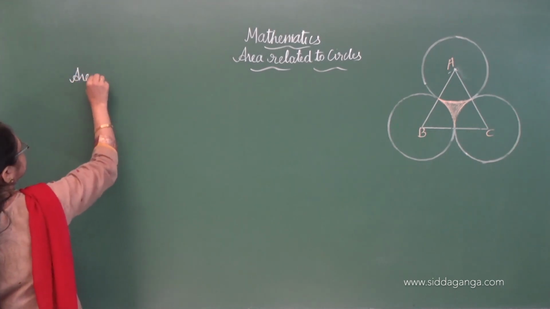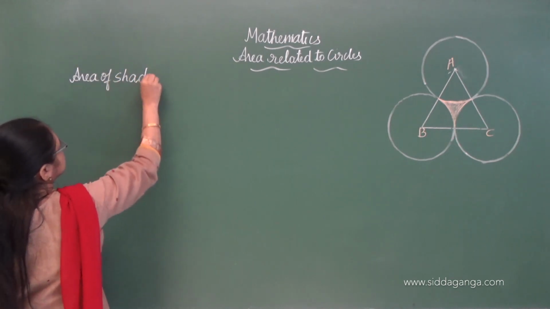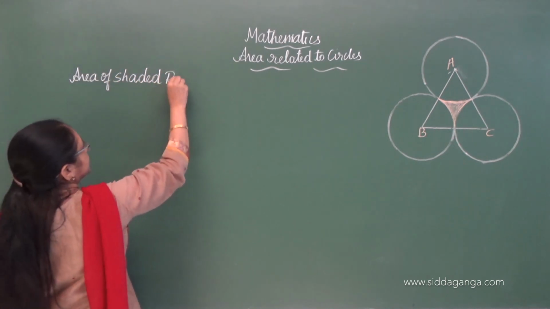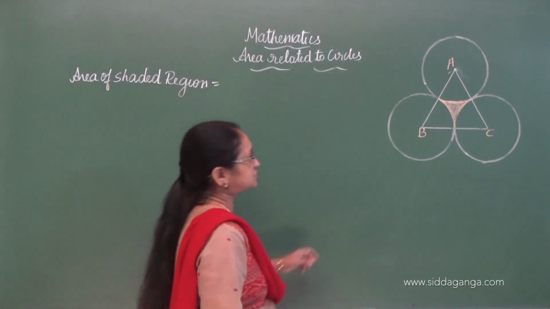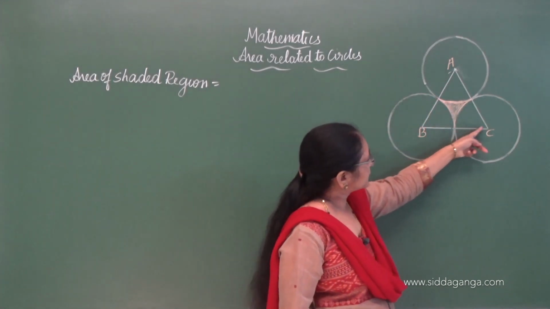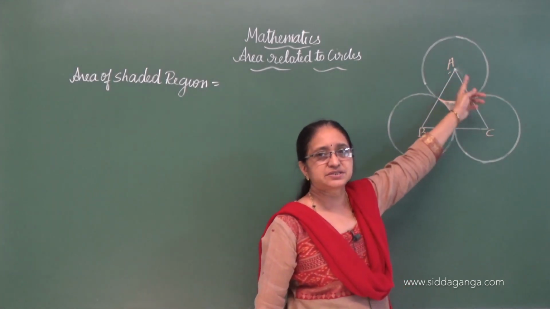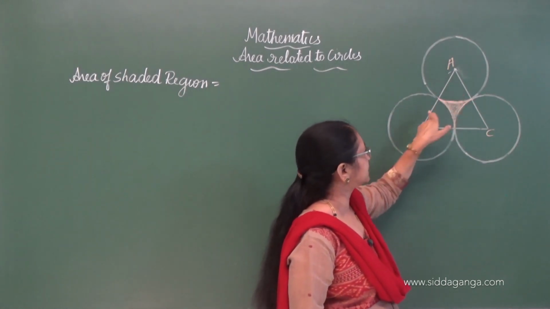Or first, area of the shaded region. So how to find out the area of the shaded region? So it is clear here. Area of the shaded region means this one. So area of the equilateral triangle ABC minus area of three sectors.